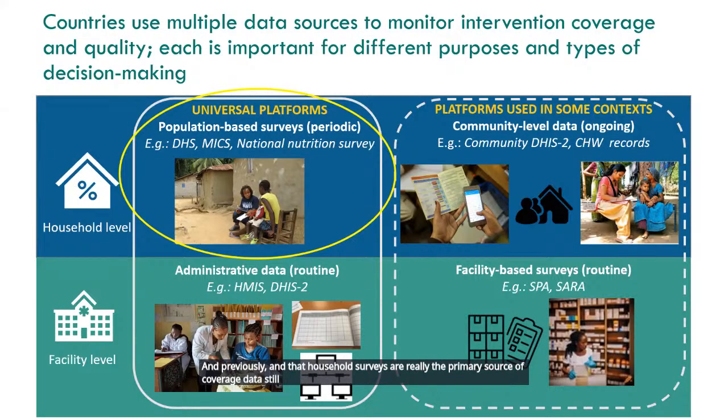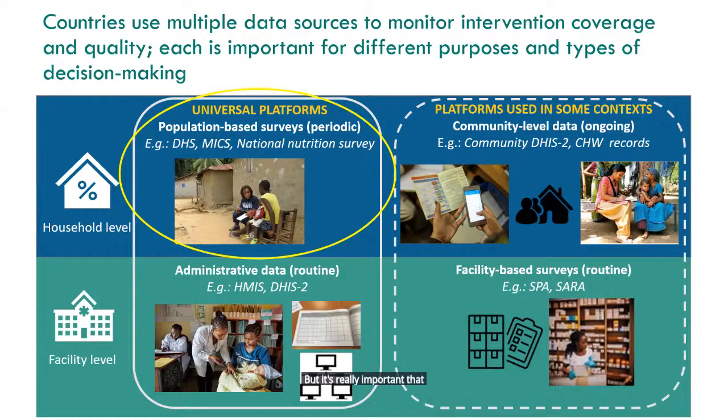There are different advantages and disadvantages across all the different types of data sources, but it's really important that we continue to improve the different sources of data and the data platforms simultaneously.